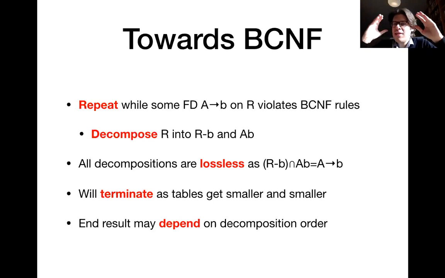So for a given start schema, we could have multiple equivalent schemata that are in Boyce-Codd normal form. All right, so this is the algorithm for Boyce-Codd normal form. You essentially just keep decomposing using this rule until finally no functional dependencies violate the rules of Boyce-Codd normal form anymore. Are there any questions on this?